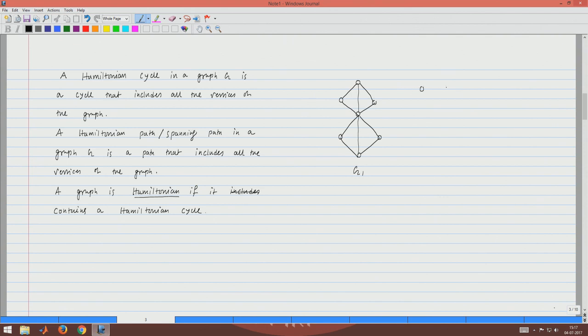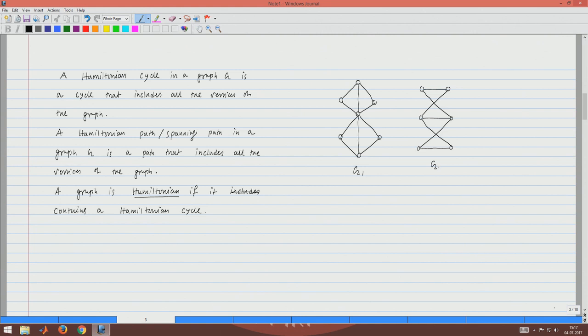Let me draw another graph with 6 vertices. I am giving many examples so that the definition of a Hamiltonian graph is clear to you. There is no doubt about the definition of a Hamiltonian graph.